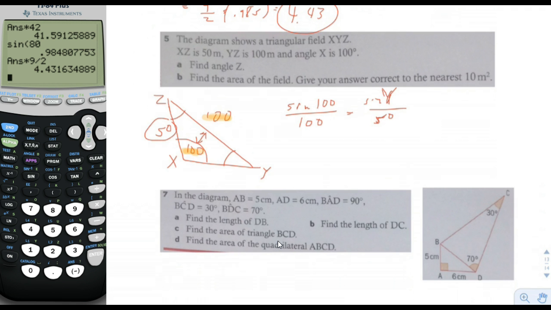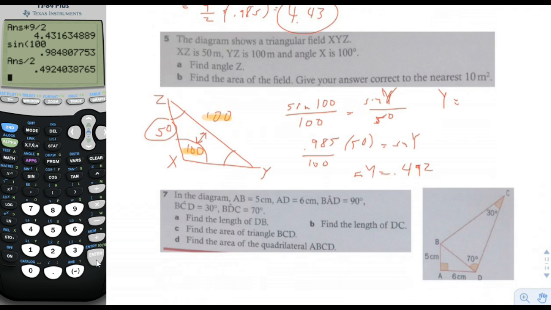Okay, so let's see. What's sine of 100? That sounds familiar. I think we've done that already. 0.985. Yes, we have. Divided by 100, and then we'll multiply by 50, and that'll give us the sine of y. So the sine of y is equal to 0.985 divided by 2, which is 0.492.